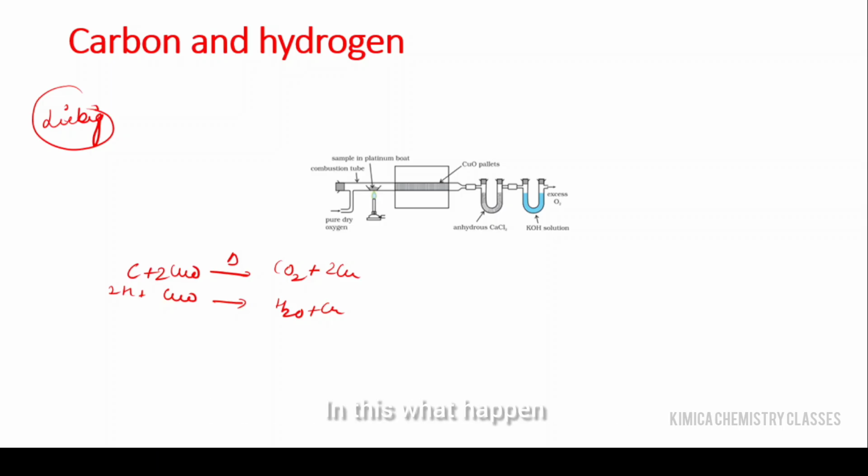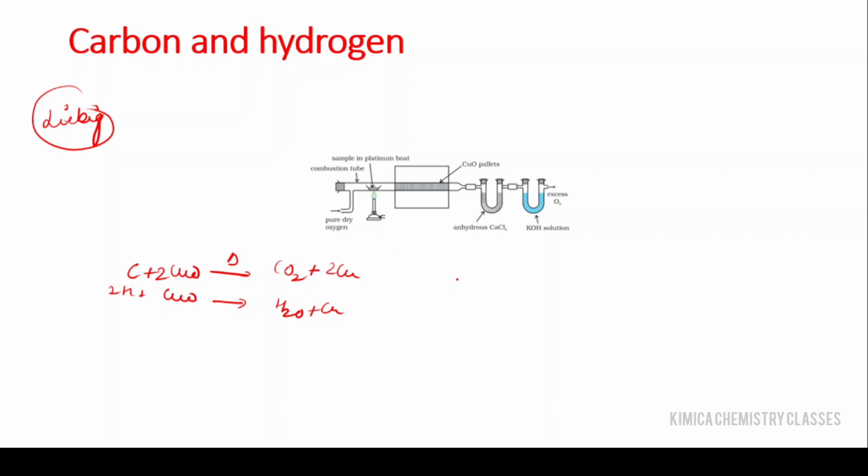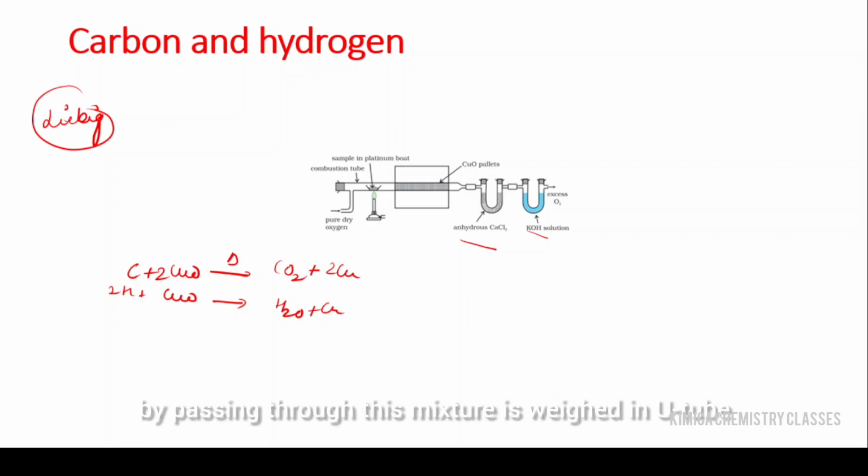In this, what happens? Carbon dioxide and water formed on oxidation of the substance are absorbed in anhydrous calcium chloride and potassium hydroxide solution. The mass of water produced is determined by passing through this mixture and weighing in the U-tube. The product is mainly weighed in this U-tube, right?